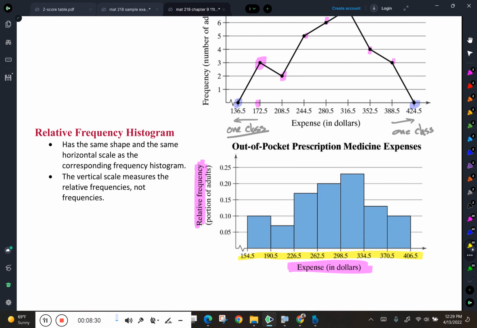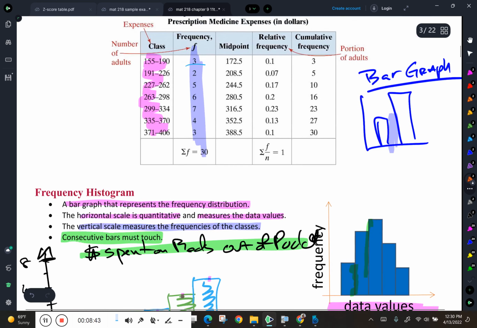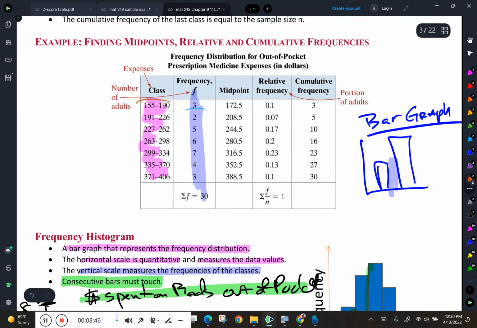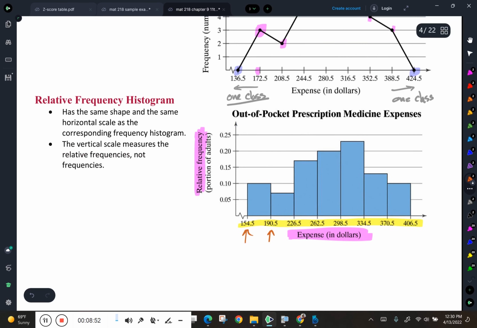And what you'll notice is the class boundaries are 1/2 of 1 unit of measure below and above the class limits. So if I go back up here to the histogram, the class limits for the first class were $1.55 and $1.90. A half a unit below is that 154.5, and that half above is the 190.5.